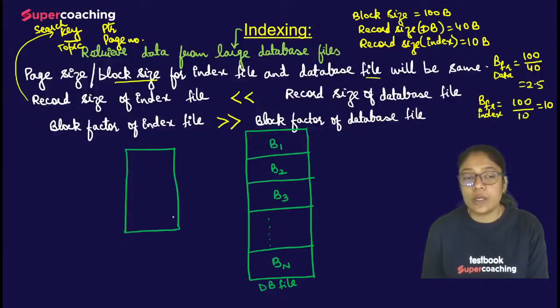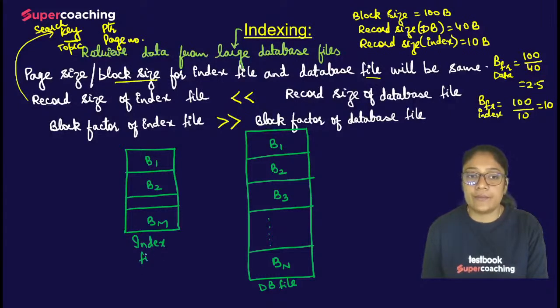In this also we have the blocks. File is divided into the blocks. Block size is same for both. We have already written that point. And this is block 1, block 2, and block n. Index file.